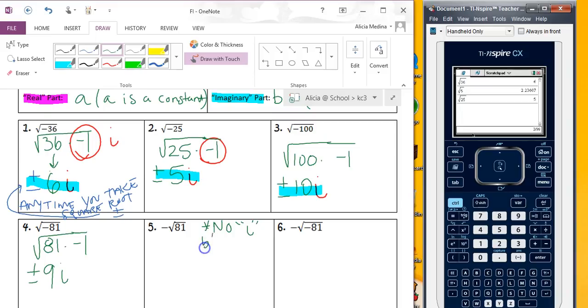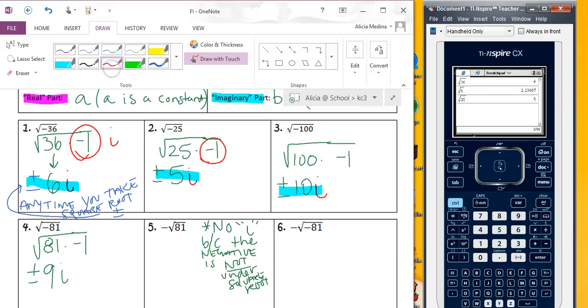Because the negative is not under the square root sign. So what that says is no i because the negative is not under the square root.